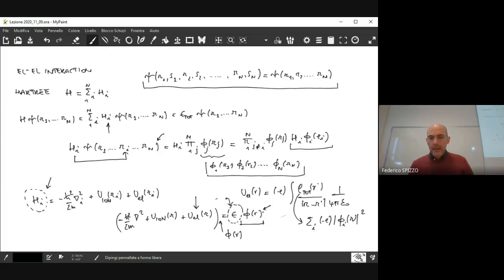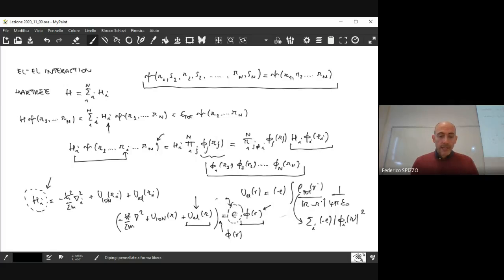So again, single electron levels that will be different from the single electron levels that we had without the electron-electron interaction, because now we have a new potential term here. But the effect of that is not on the structure of the problem, but just on the energy. So the energy includes the modification induced by the fact that we have switched on the electron-electron interaction.